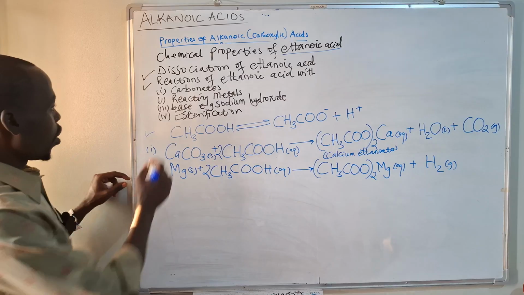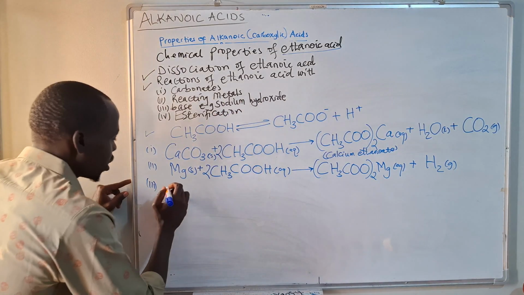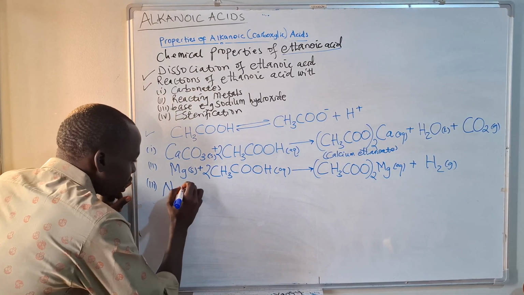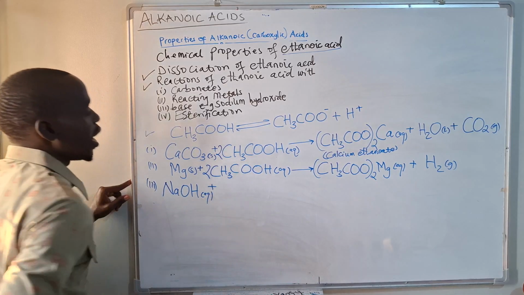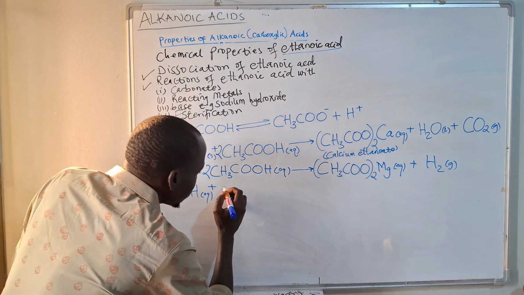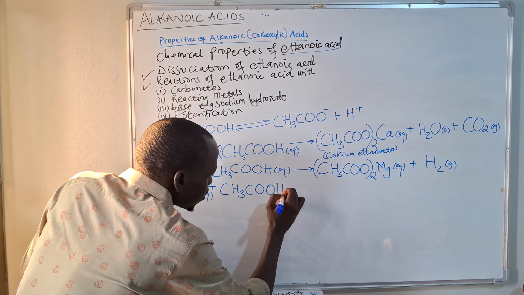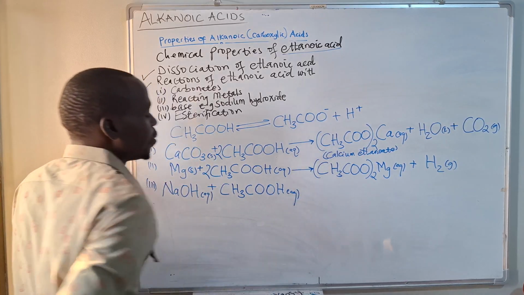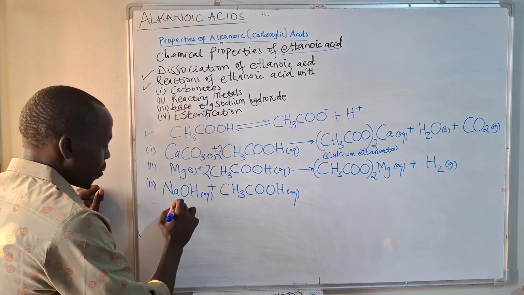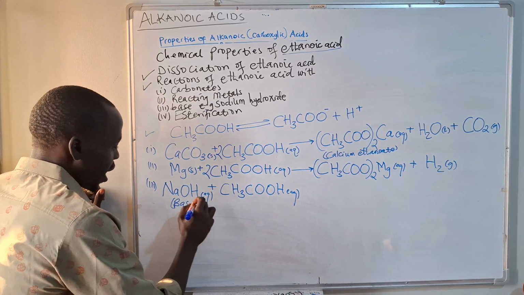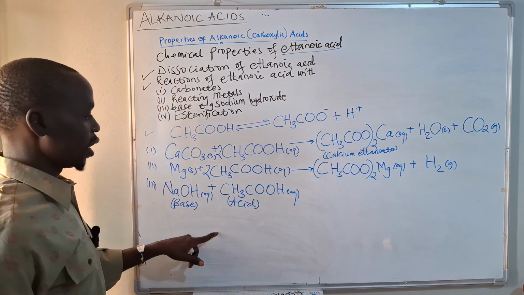Let's say, what if we have a base, and that base is sodium hydroxide? We have sodium hydroxide written like that, aqueous, combined with ethanoic acid, CH3COOH, aqueous. So what is being formed here? This is a base reacting with an acid, and this reaction is what we call a neutralization reaction.